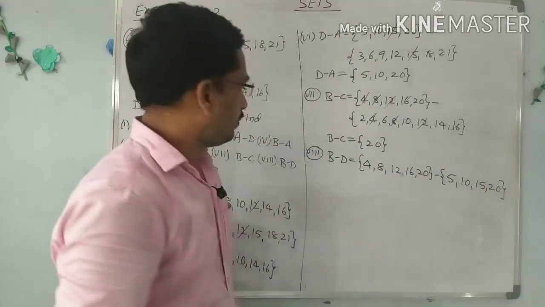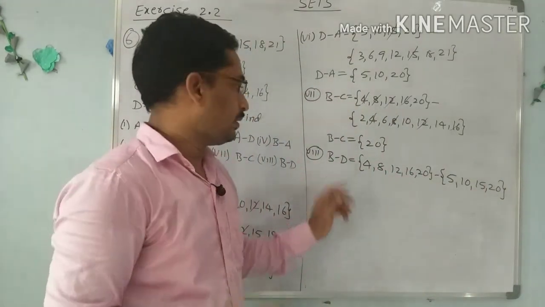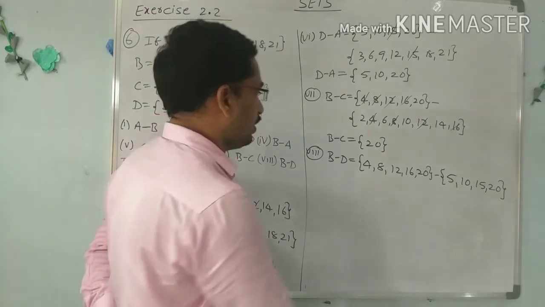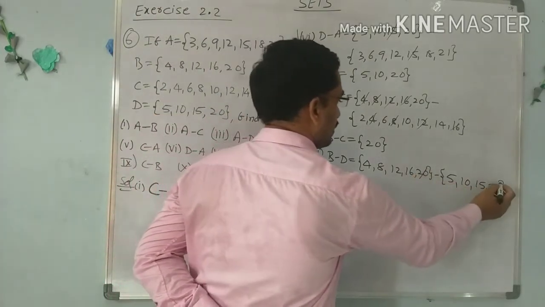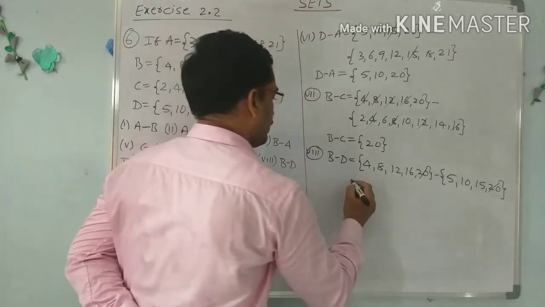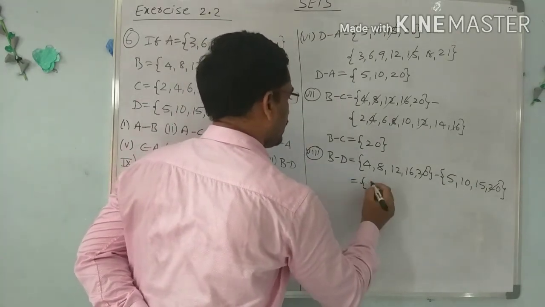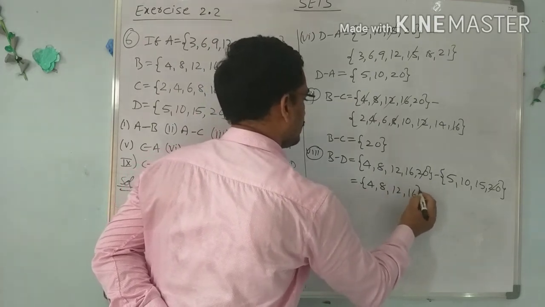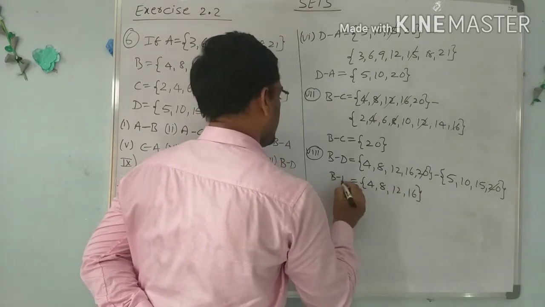Now B minus D means again we have to do the same thing. First cancel the common elements. Only one element is common, that is 20. Write the remaining elements of set B: 4, 8, 12, 16. So this is B minus D.